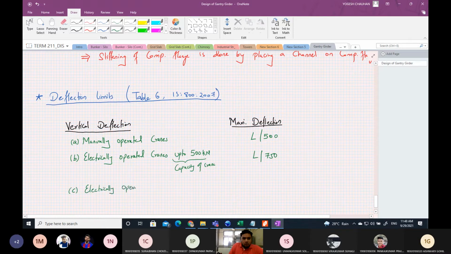Electrically operated cranes over 500 kilonewton, this is the capacity, the limit is L by 1000.